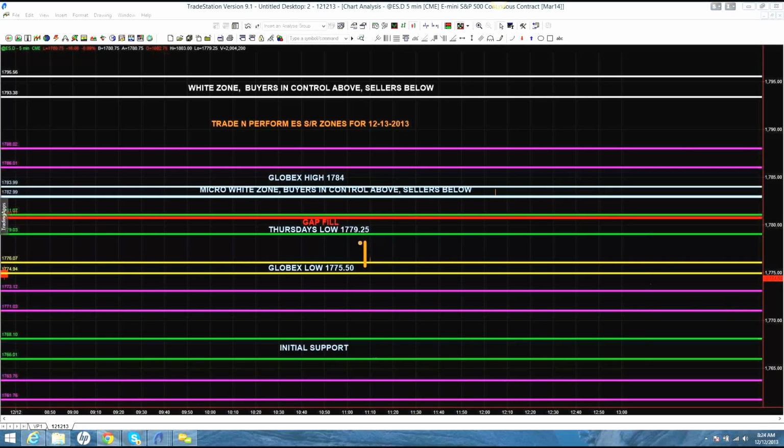However, if we open at 1779 and we can push down into the 1771 area, I will probably take a long, unless I see something pretty scary the first time into the zone, for a 2-point rotation at least, and perhaps a backside test of Globex lows, and then the possibility exists for, again, that trap trade, right? And I will certainly take a test the first time into initial support to the long side. Where exactly within the zone will be determined by the rotation size. So those are my reactions if we have upside and we have downside.